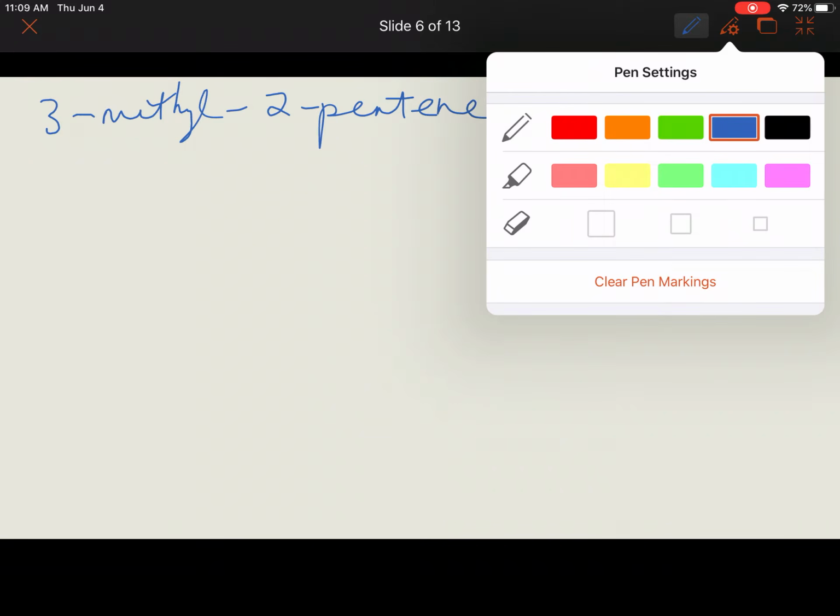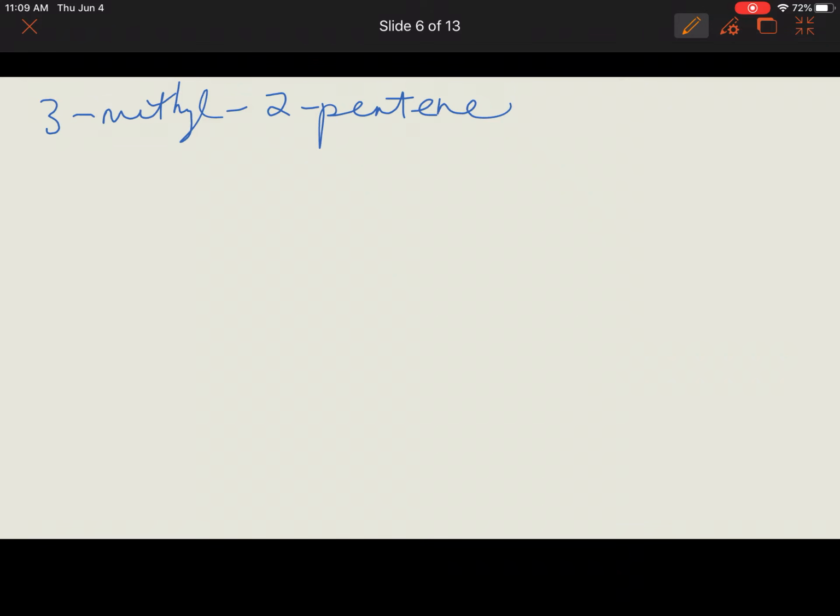Okay, we will do another. Actually, let's try drawing one. So let's try drawing 3-methyl-2-pentene. So looking at this, again, what I would do would be immediately just look at the parent. So this is your parent here, 2-pentene.